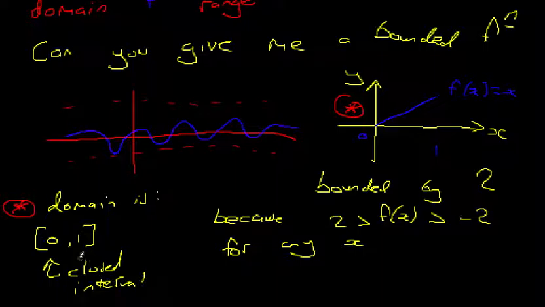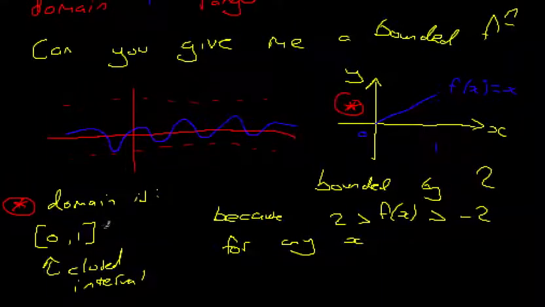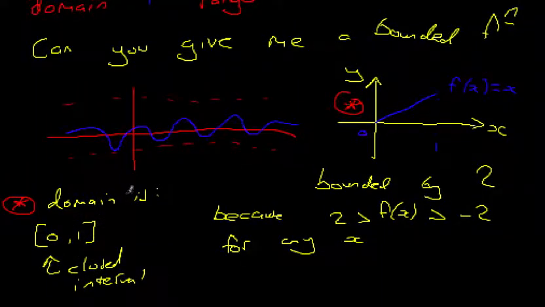An open interval would have curvy brackets. It would look like this, and that means excluding 0 and 1. This is an open interval. But by defining it over this restricted domain, remember we're allowed to do that because part of the definition of a function is the domain, then it's bounded. It's bounded by 2.